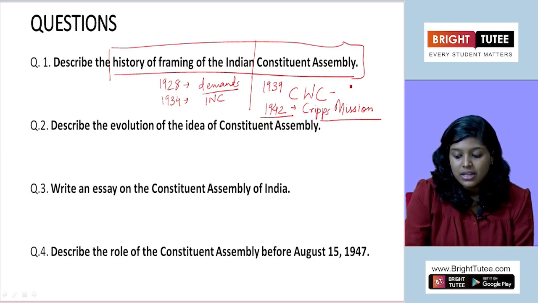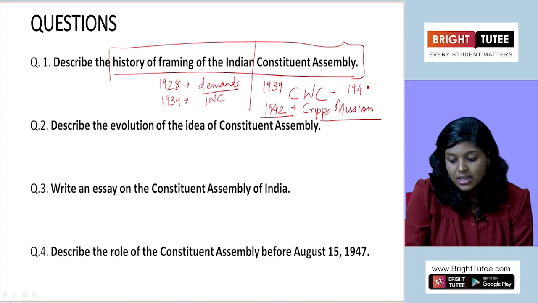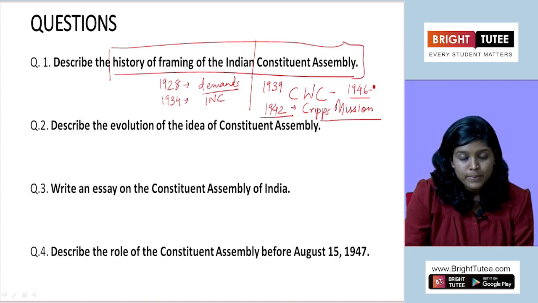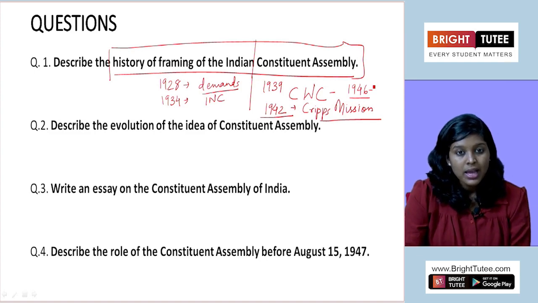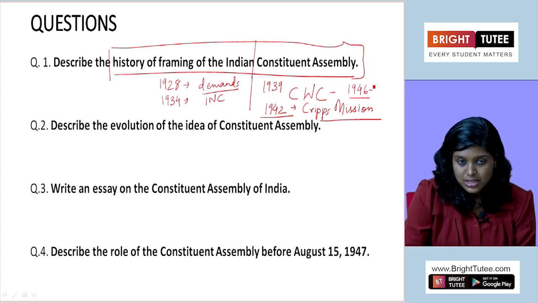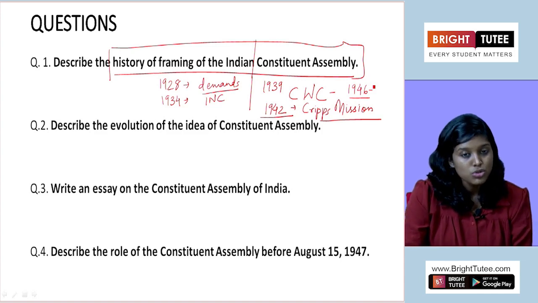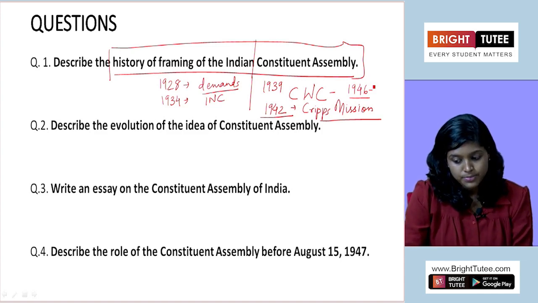And in 1946, finally, the British Prime Minister Clement Attlee admits that the Constituent Assembly should be made and Indians should be given the responsibility to frame a constitution.